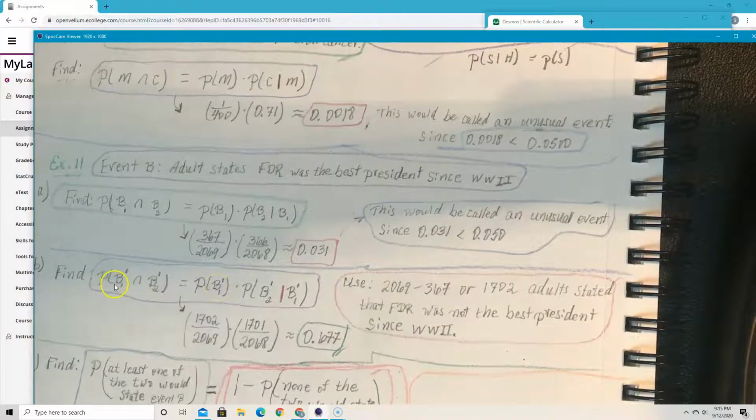Well, using our probability formula, that is equal to the probability of the first event, the first person did not state FDR was the best president, times the probability that the second person selected did not state FDR was the best president, given that the first event occurred, which is the first person did not state FDR was the best president. I'm getting tired of saying that. You might be getting tired of hearing that.